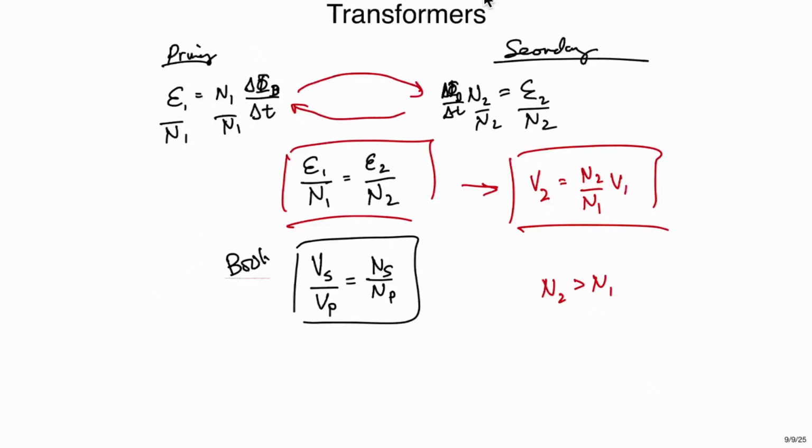So when the number of turns in the secondary is bigger than the number of turns in the primary, we call this a step-up transformer, because the voltage will increase on the secondary side, okay? You want to take a guess as to what happens if the number of turns in the secondary is less? That's called step down, okay? And that's what's happening in your neighborhood, right? With the transformers on the power poles, they're taking roughly 20,000 or 15,000 volts on the power lines, and stepping it down to 240 volts as it runs into your house.